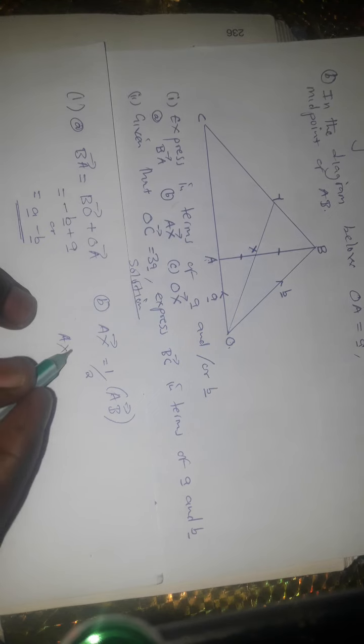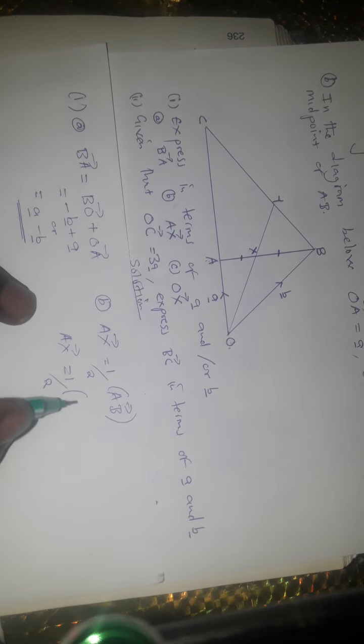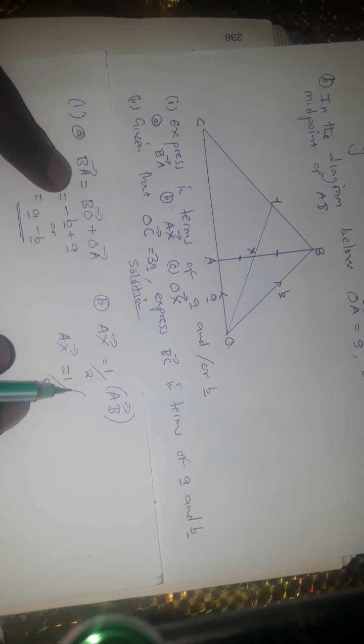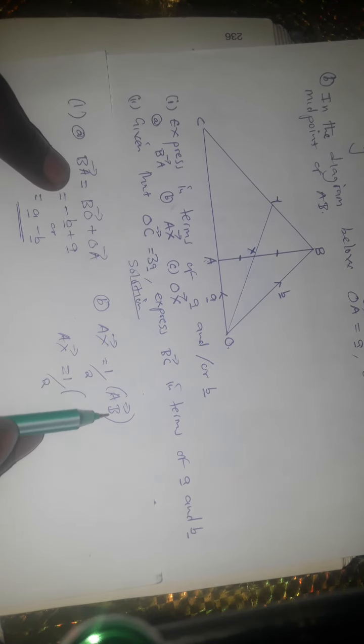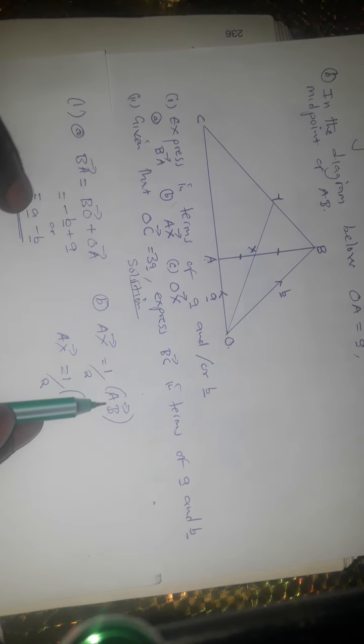So our AX will now be equal to 1 over 2. What we have here is BA. So if we talk of AB, then it will be in the opposite direction of what we have here.